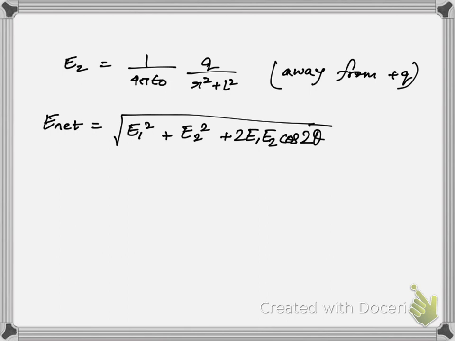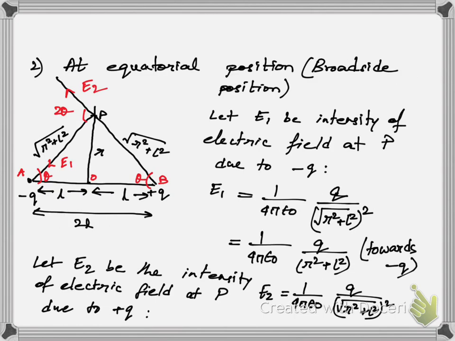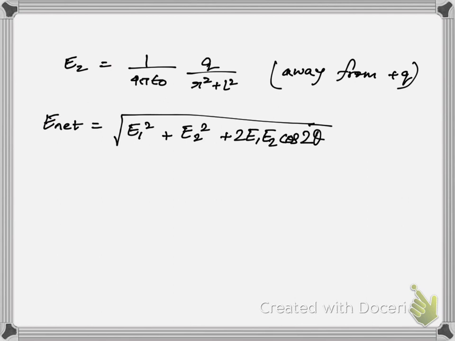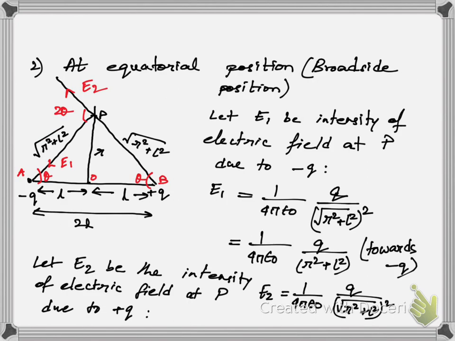Here the angle separating the two vectors is 2 theta. If you have noticed carefully, the magnitudes of E1 and E2 are both equal, so the resultant vector will also be bisecting the angle between the two. This is a property of vector addition. If two equal vectors separated by an angle are added, then the resultant vector will always bisect the angle between the two individual vectors.